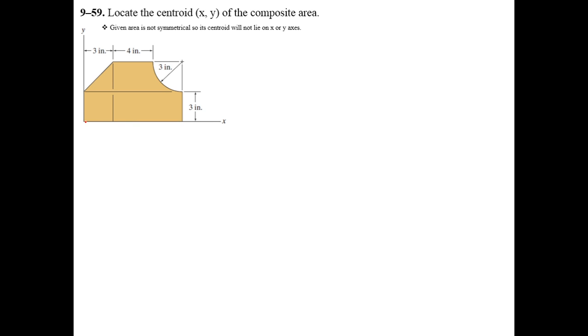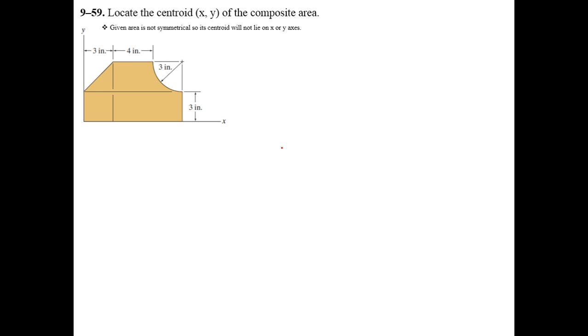In the previous problem, the object was completely symmetric about the z-axis, so everything lay on the z-axis. But here we have to calculate x bar and y bar separately, because this is not a symmetrical shape, and this is not a volume, this is an area.